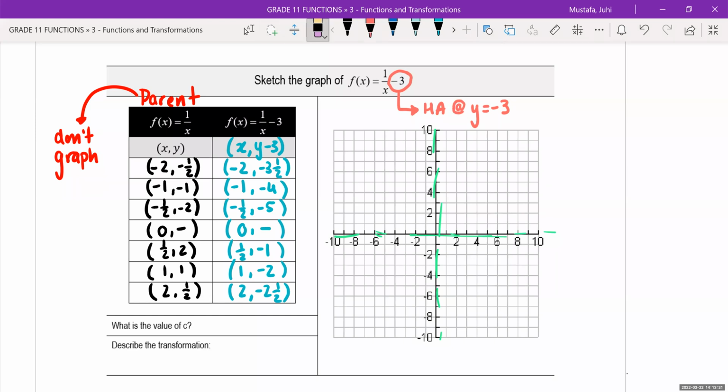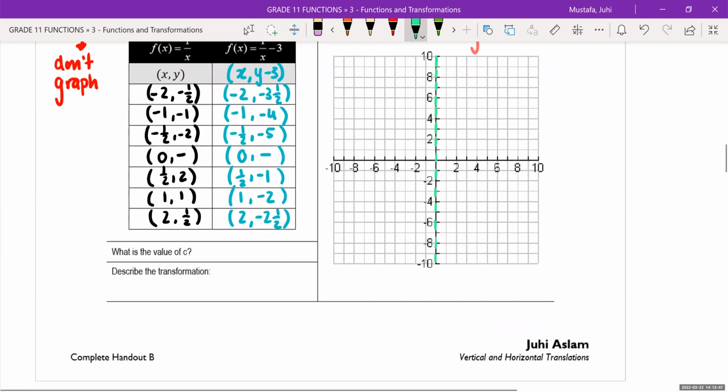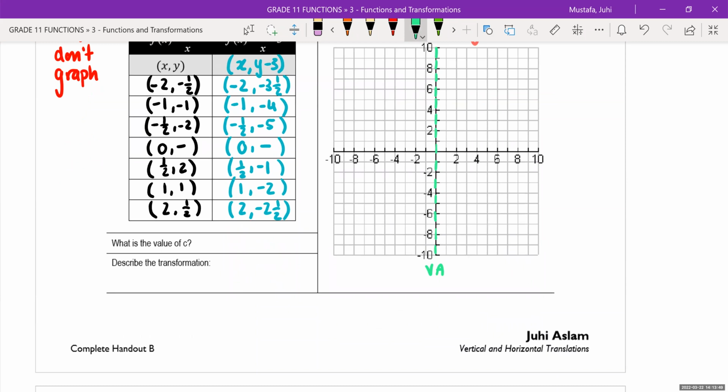Okay, so let's try and draw this out now. We know our vertical asymptote is not going to change, so you're going to draw a dashed line going down. And you're going to call that your vertical asymptote at x is equal to 0.